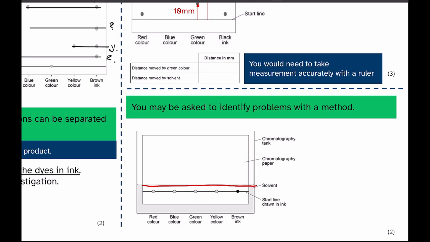So therefore the colours are just going to dissolve into the solvent, not move up the paper. And the second thing is what they've said here, the start line is drawn in ink. So the problem with that is that the start line will dissolve and move up with the paper. So therefore you won't be able to find an RF value at the end because you don't know where the colours started. Okay, so that is going to be the two issues that we've got with that.